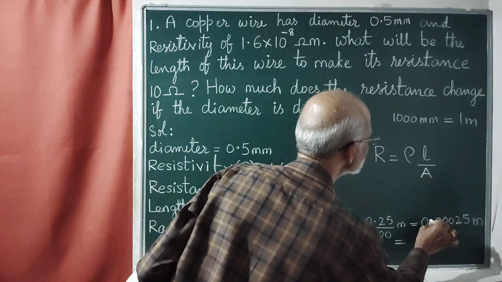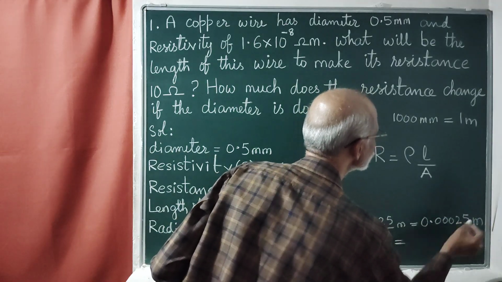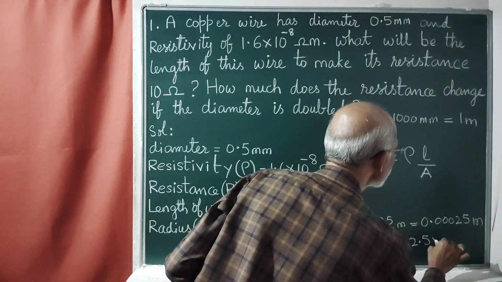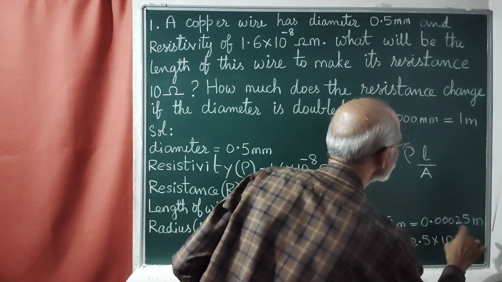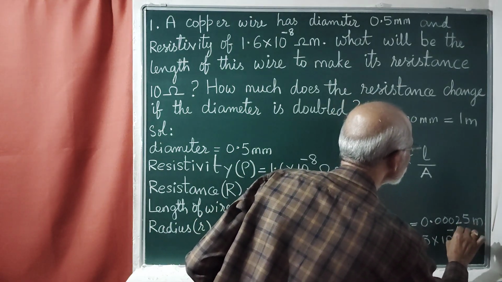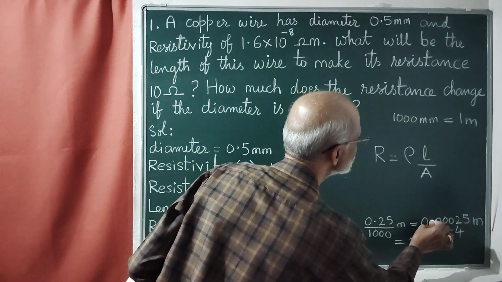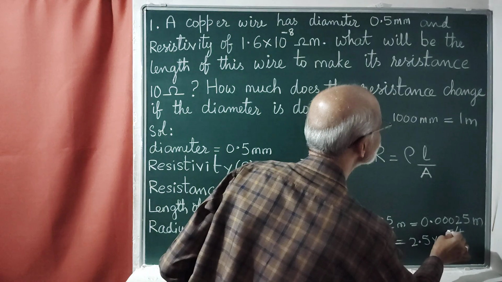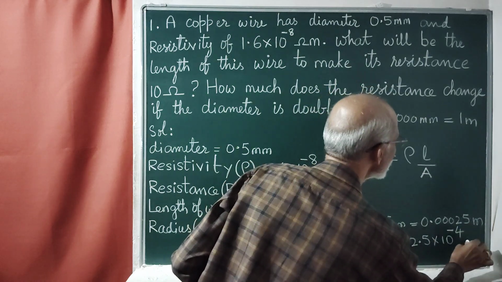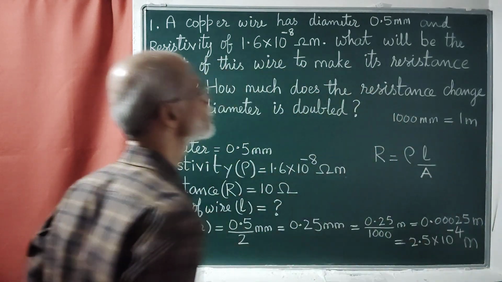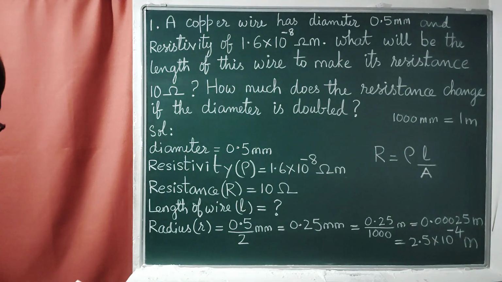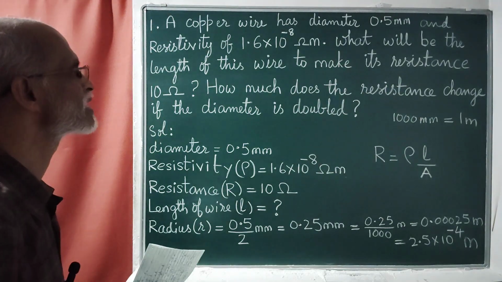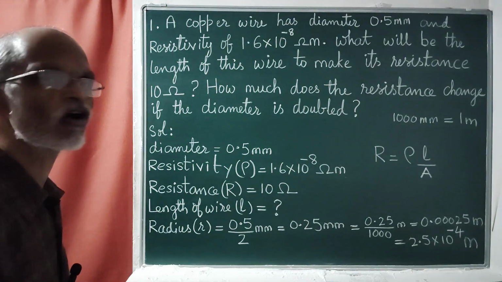I am shifting the point after 2 there, so it will become 2.5 into 10 to the power of minus 4, because I have shifted the point 4 places to the right. So the radius is 2.5 into 10 to the power of minus 4 meters. Now we will calculate the area of cross section.